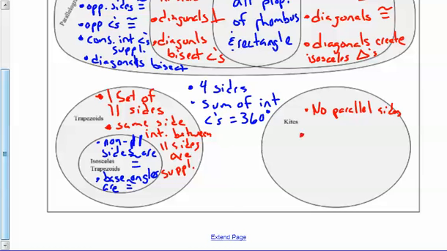There are two sets of congruent sides. And the diagonals are perpendicular. All right? So those are the things that you need to be aware of for kites.